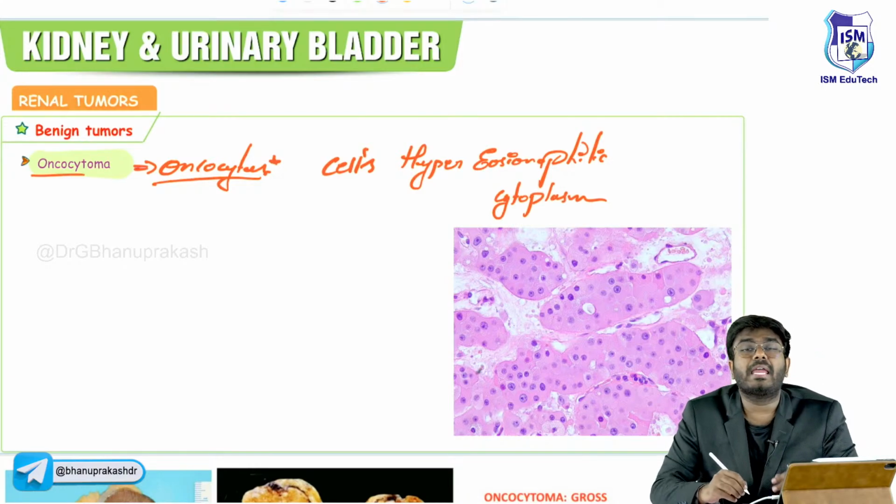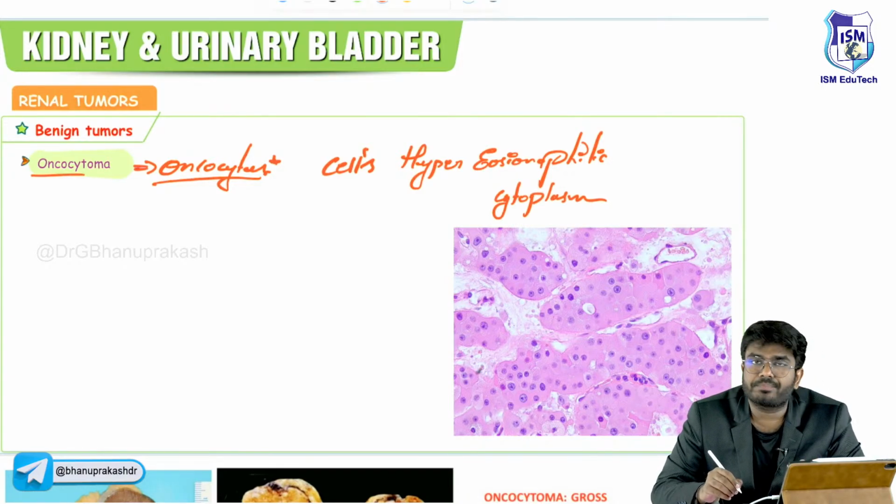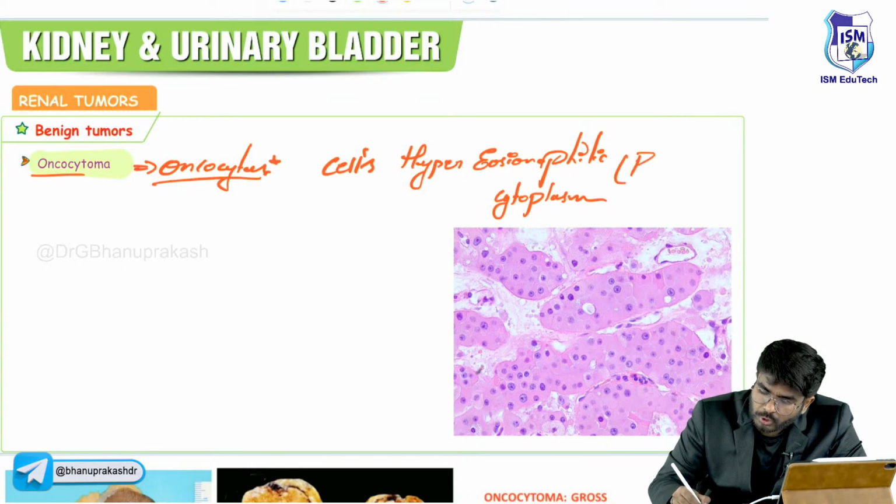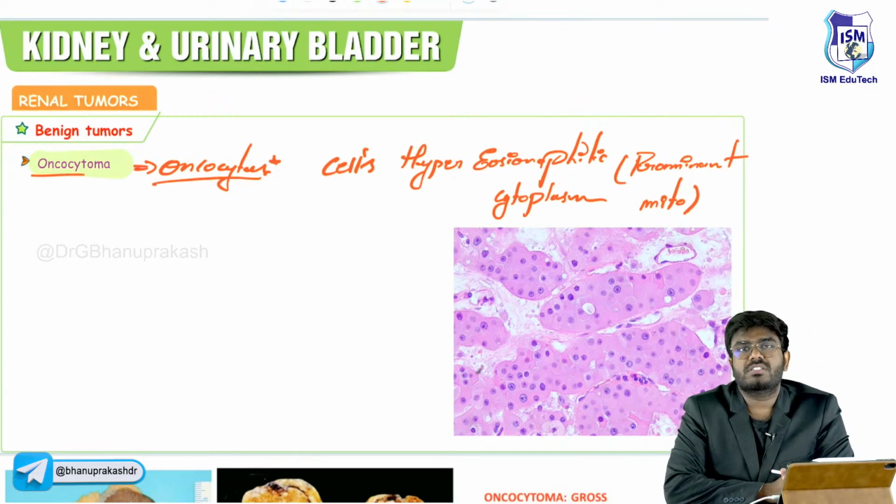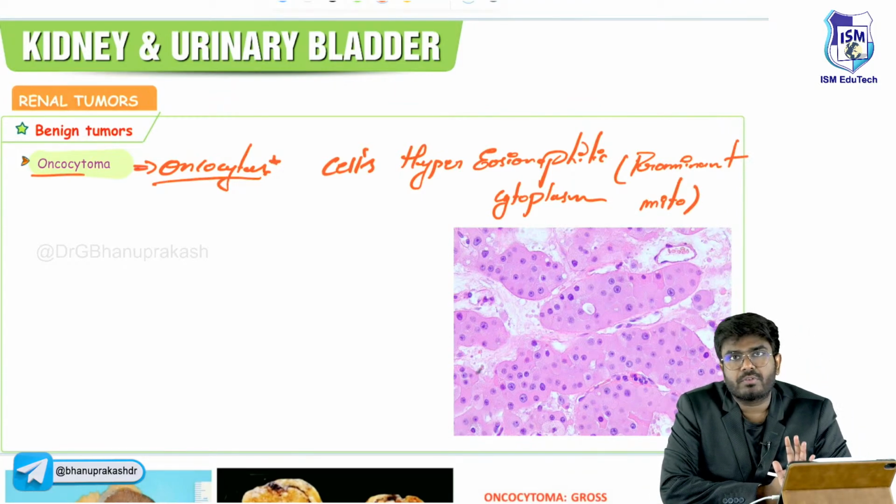It will be hypereosinophilic granular cytoplasm with prominent mitochondria. So these are some important points which I want you to know. Oncocytoma, you are going to have oncocytes. What exactly are oncocytes? Oncocytes are nothing but cells with a hypereosinophilic cytoplasm with prominent mitochondria.